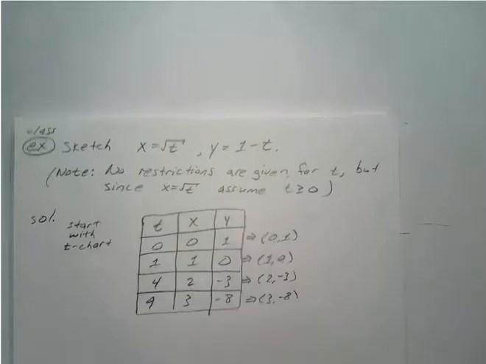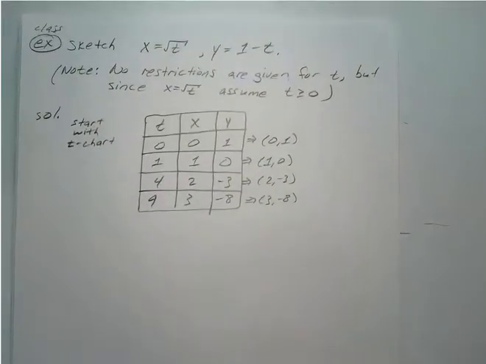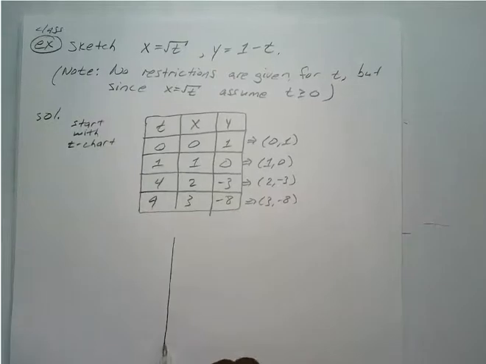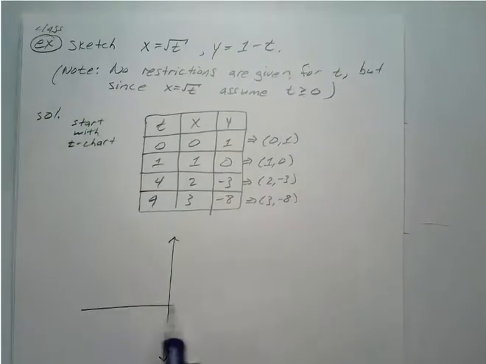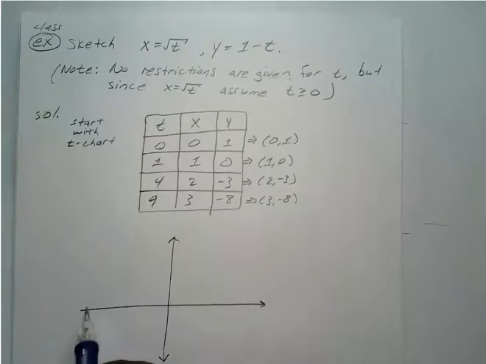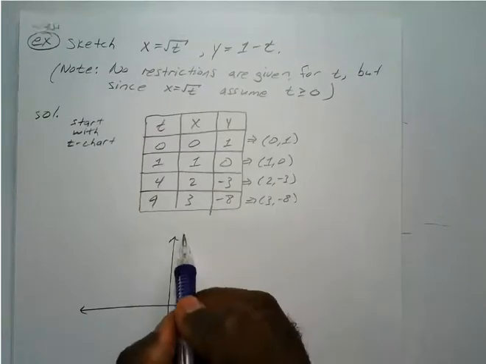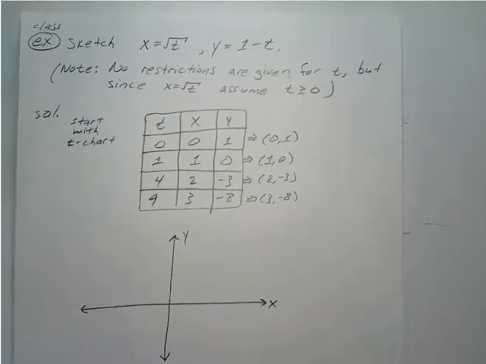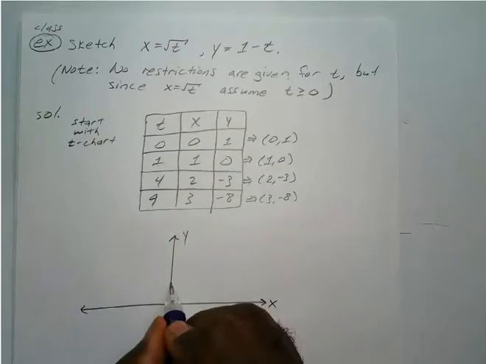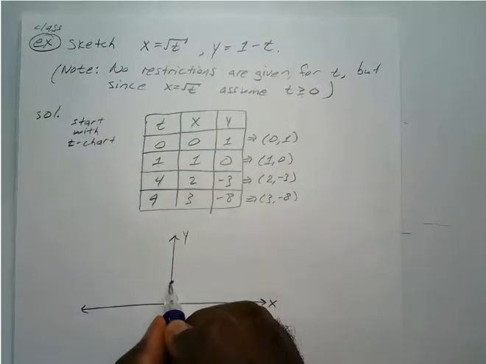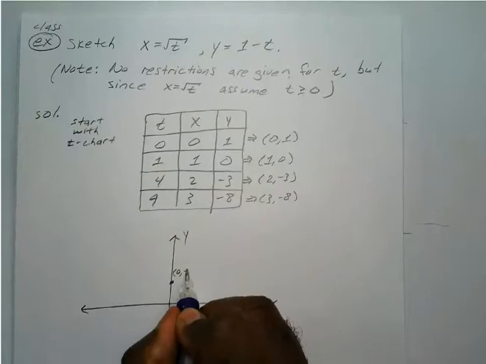Okay, so we go ahead and we draw our XY axis. We have our X and we have our Y. Okay, so let's say our first point, (0, 1). That's about right there. So let's say (0, 1).